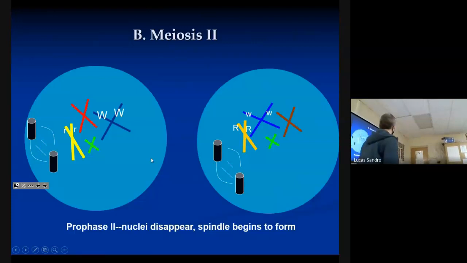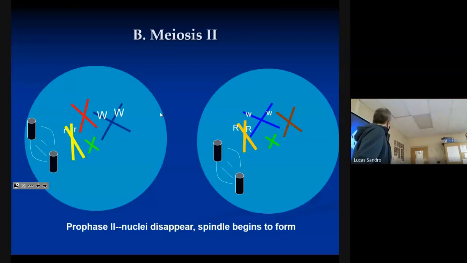Prophase 2. Nucleus goes away again. No surprises here. Everything that's coming you've seen before. Meiosis 1 was a little different because of the pairs, because of the swapping of stuff. This is just basically mitosis, all right?